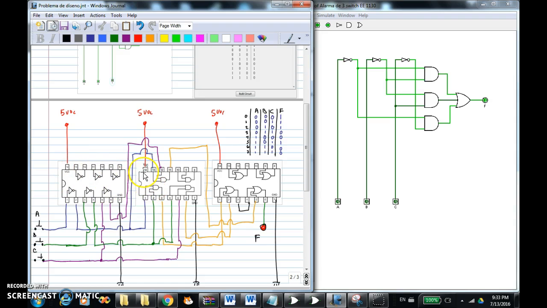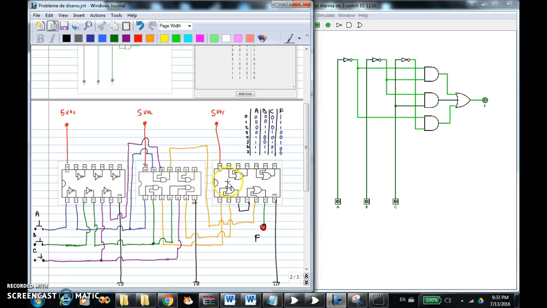All chips have the same property. Pin 14 must be 5 volts and pin 7 goes to ground. The second chip right here is the 7408, which is a quad 2-input AND gate. Quad means 4, 2 inputs because each gate has 2 inputs.